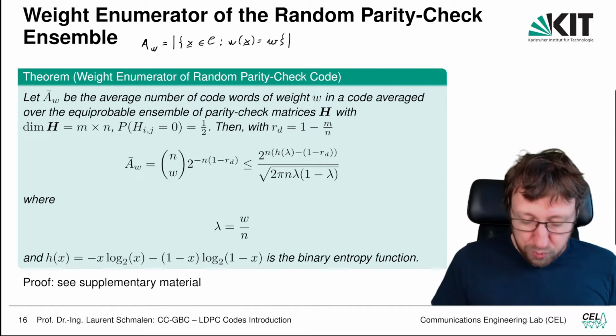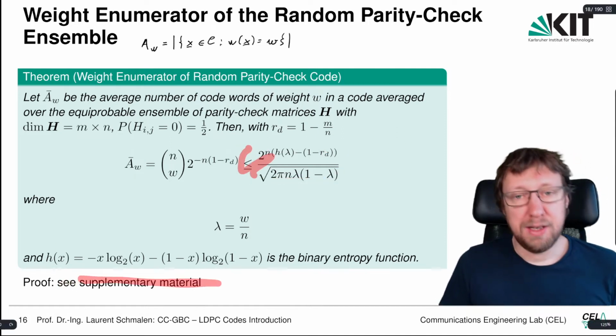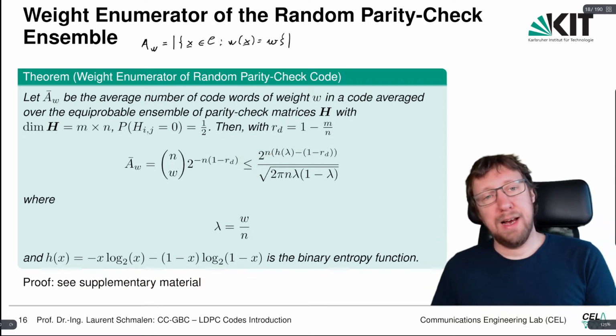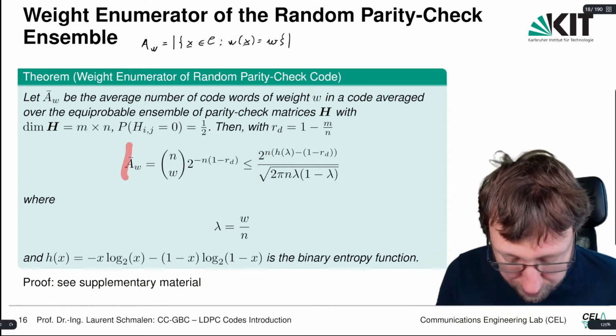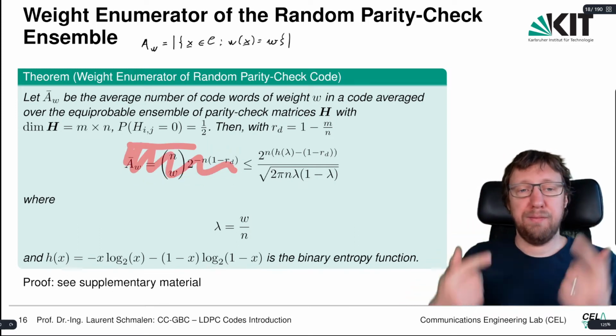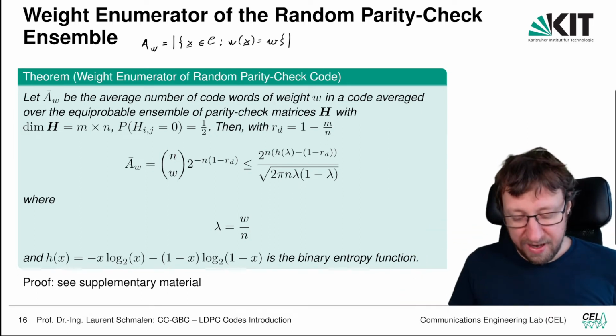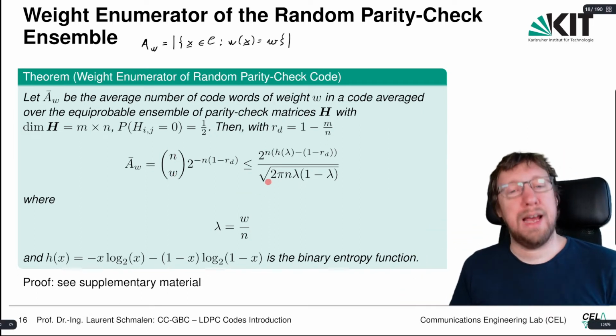We're not going to prove this part. For this, you can also see the supplementary material in the back of the slides. We're going to quickly look at how to get to this part, because that's the one that helps us in our thinking of the codes. Getting from here to here is just technical.